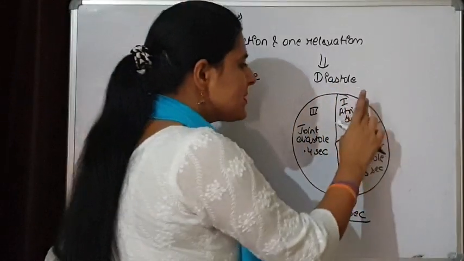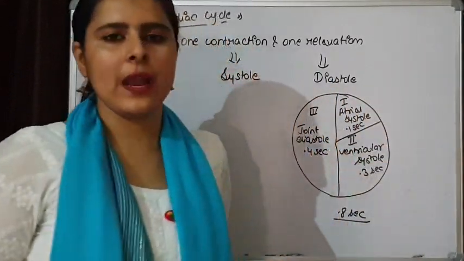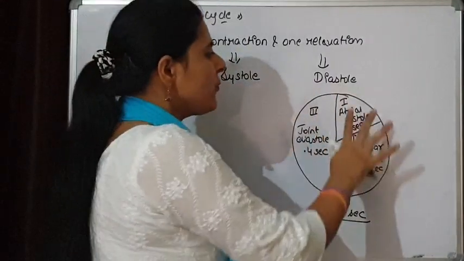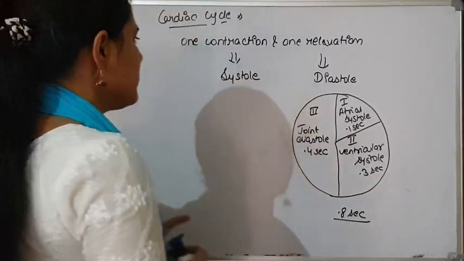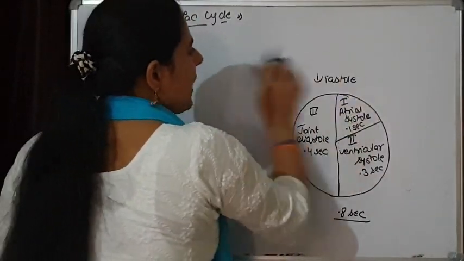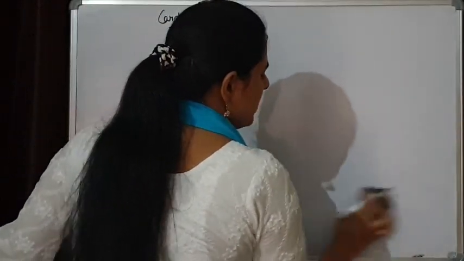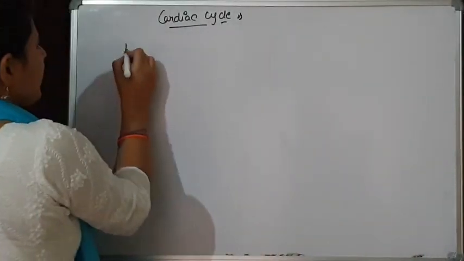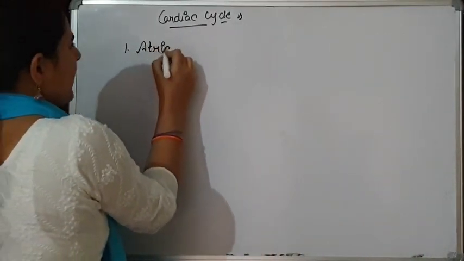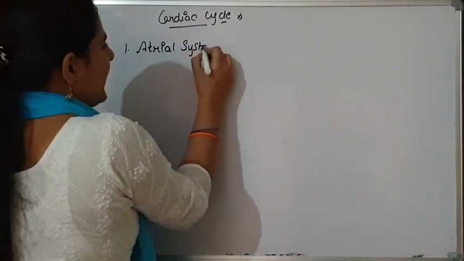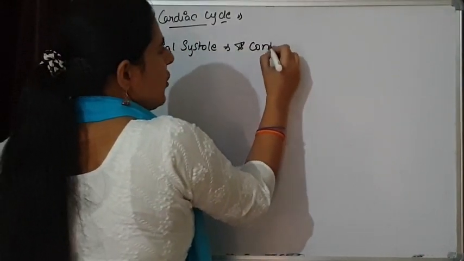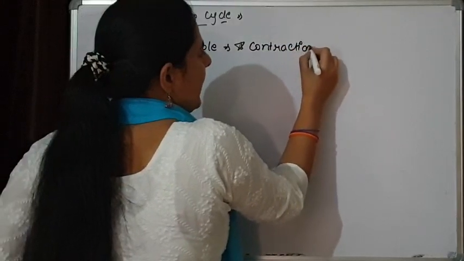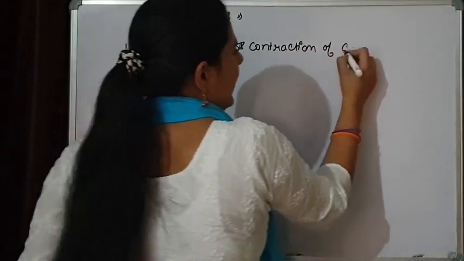We are going to see all three stages of the cardiac cycle and what type of events take place in these three steps. So let's start with atrial systole. Atrial systole simply means contraction of the atria.